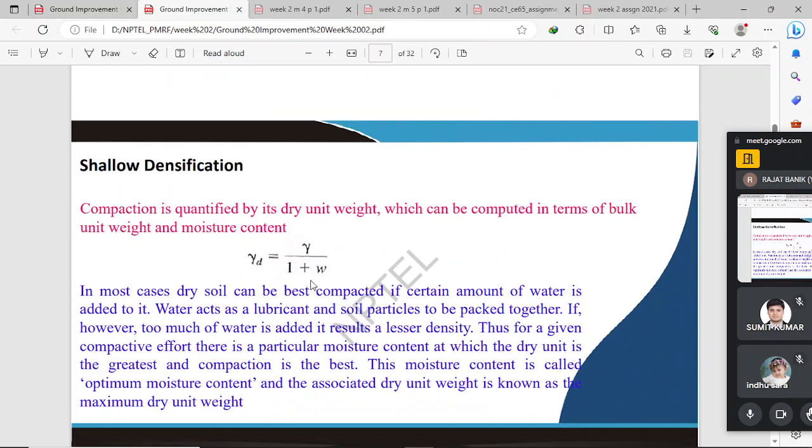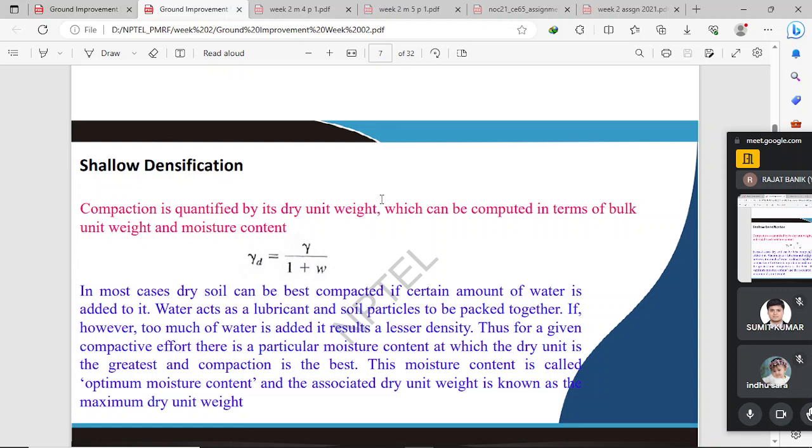So now we come to know how the shallow densification technique is applied in the ground. First, we need to know the maximum dry density of that soil in the laboratory. How can we find that?